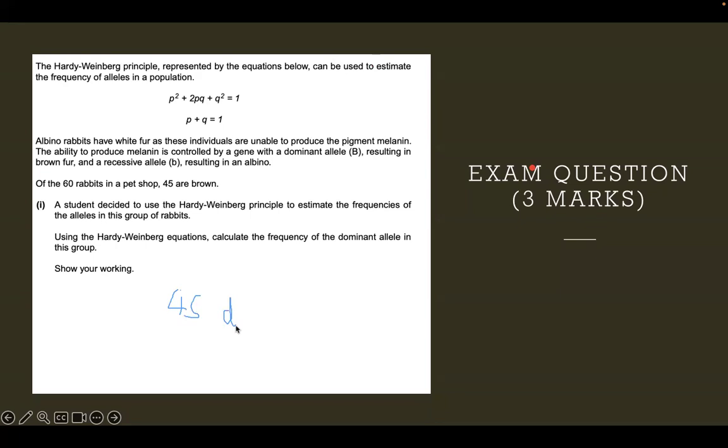And then we know that we've got 60 rabbits in total in the pet shop. We've got 60 total here. So then we'd work out 45 over 60 to be 0.75, right? 3/4, basically.